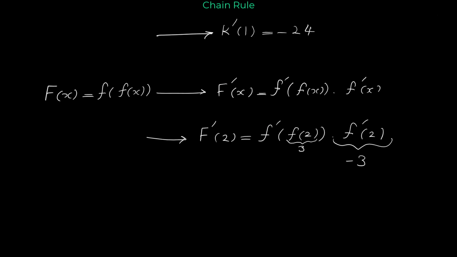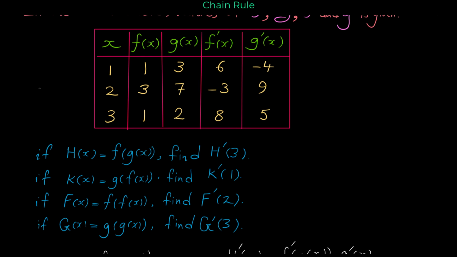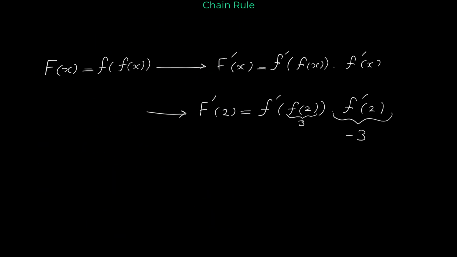F prime of 3, we have to find f prime at 3. When x is 3, f prime of 3 is 8. So the value of all of this is 8. Now if we multiply 8 by -3, we find F prime of 2, and it equals -24.